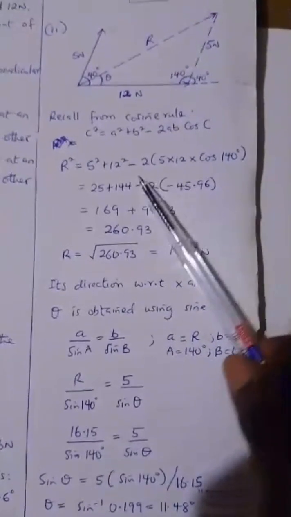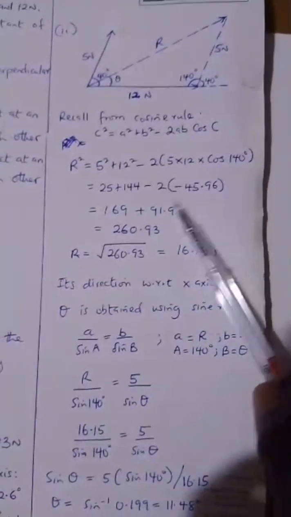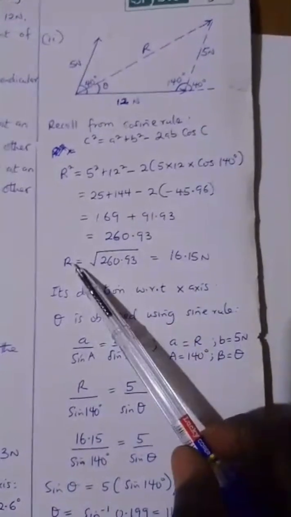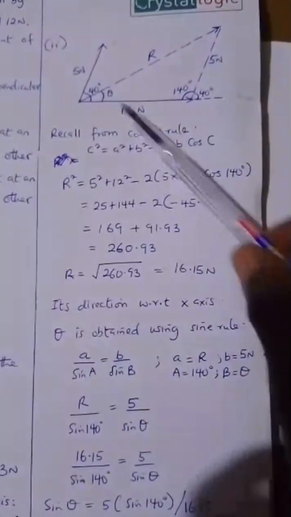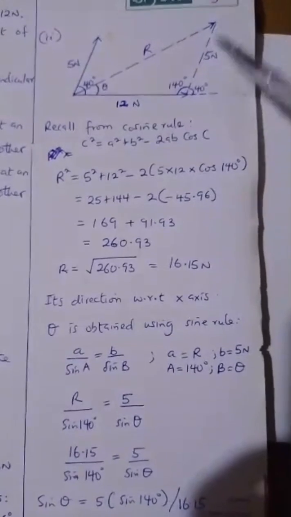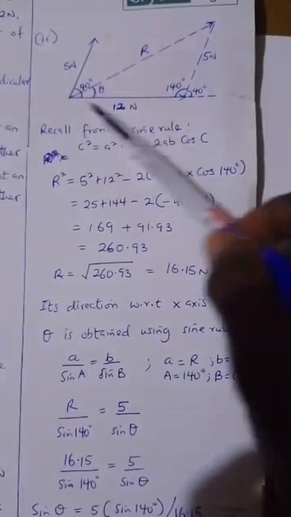So the cosine rule gives us the magnitude of our resultant r. Just visualize this triangle that I'm tracing out.